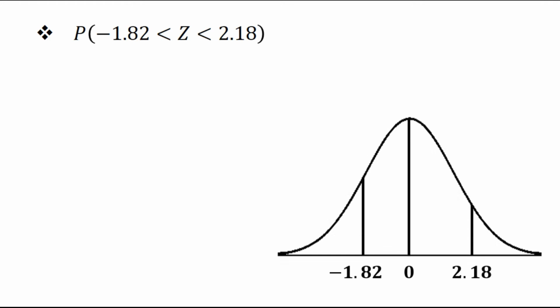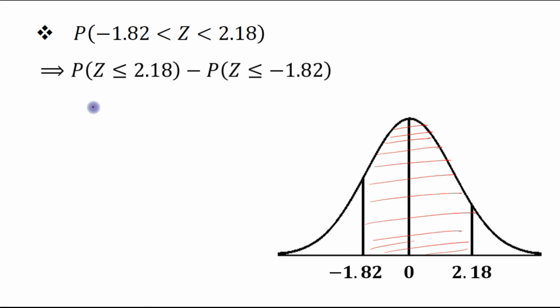Next question. Find the probability that z lies within this interval. That is, we need to find this area. So this area can be found out as area to the left of 2.18 minus area to the left of minus 1.82. In the next step we can write it as phi 2.18 minus phi minus 1.82.